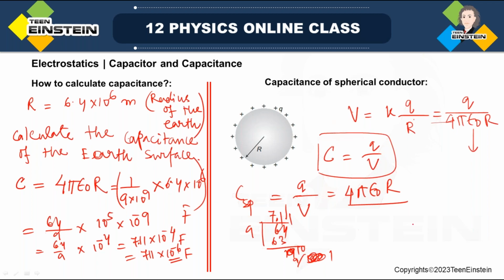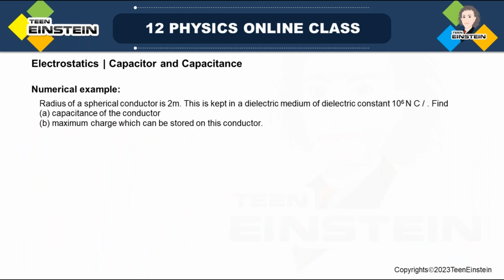That means the earth has a capacitance of 711 microfarad. So you can understand that if such an earth has only 711 microfarad, then how big the unit farad is. The farad unit is very large.